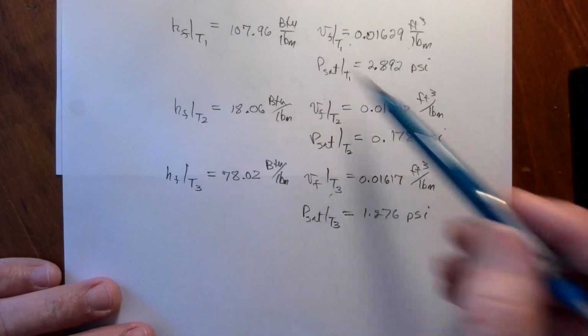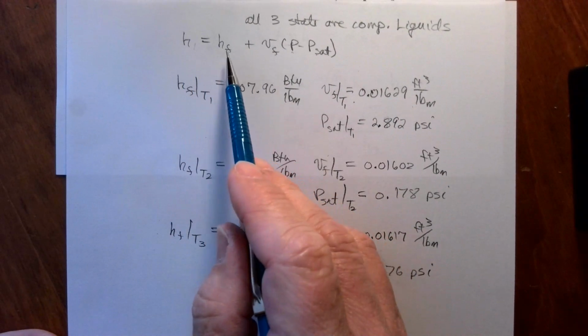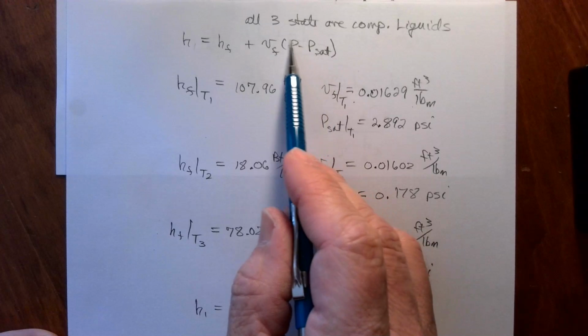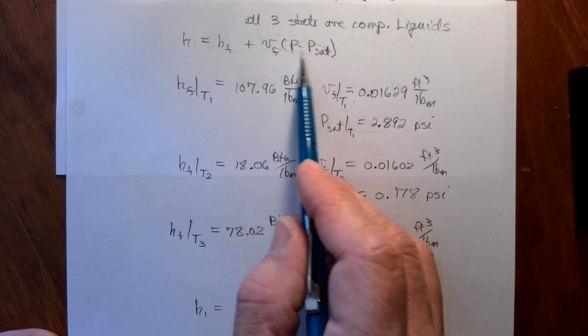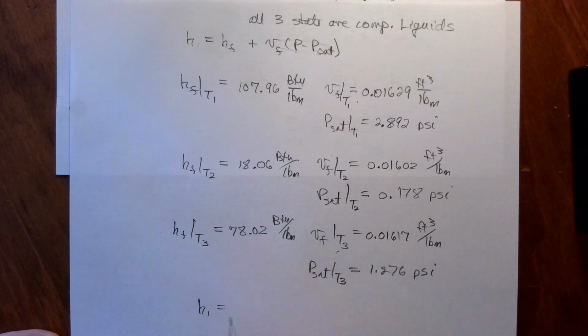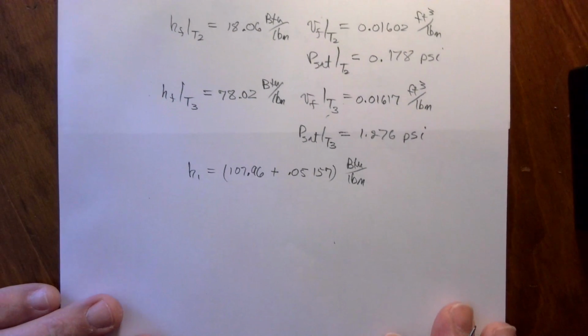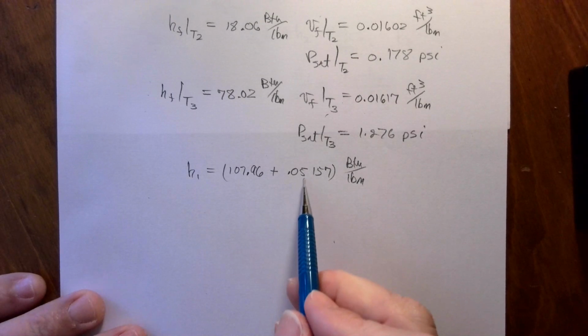Okay, so if we now compute each one of these, H1 is equal to the end result. I'm using this formula up above, HF plus the end result of computing this, paying attention to units to put this correctly in BTUs per pound mass. This ends up equaling the 107.96 plus the adjustment, which is 0.05157. Final units of that are BTU per pound mass. The adjustment is very small.